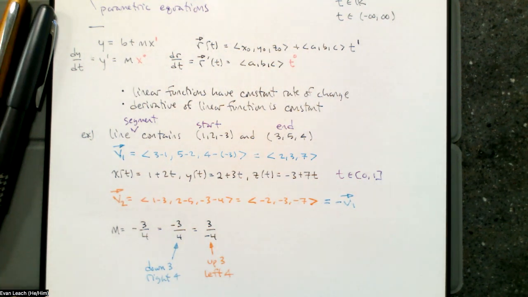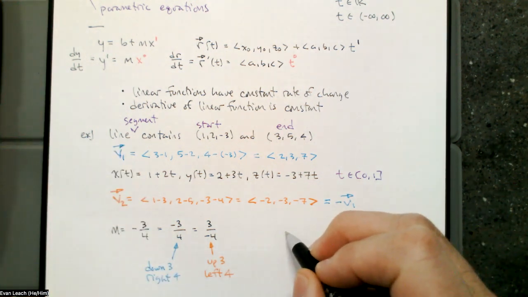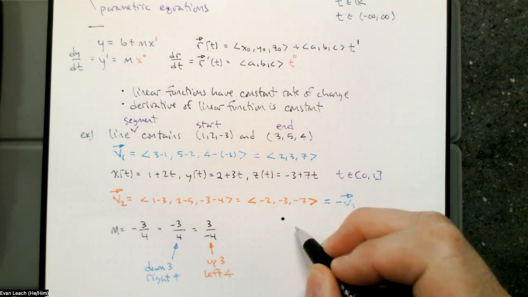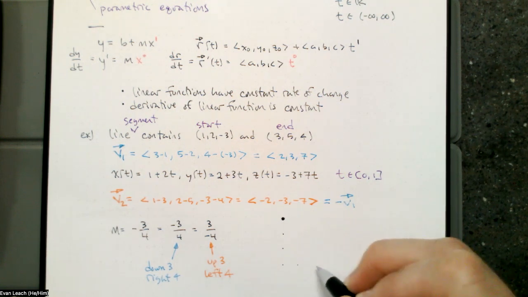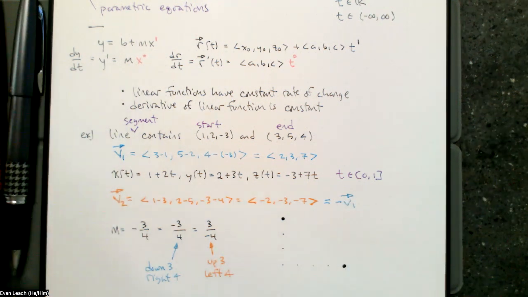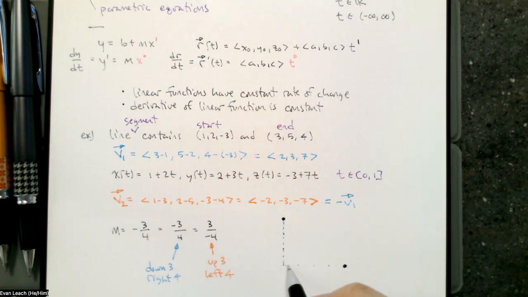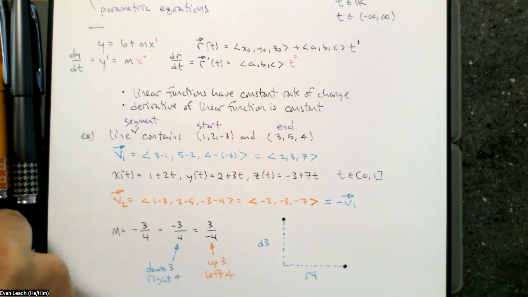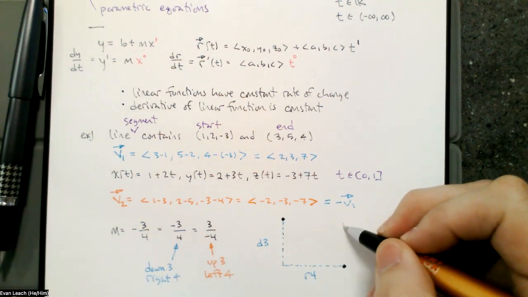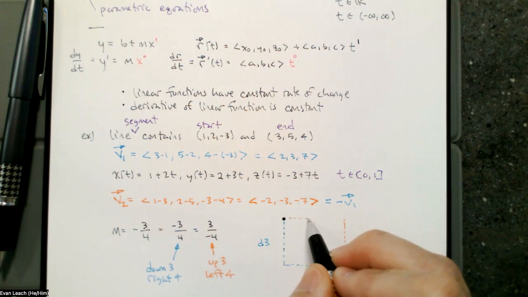We will still be drawing the same line. So if I go down 3 and right 4, that's the same line as if we go up 3 and left 4.